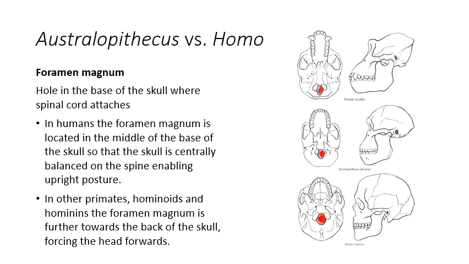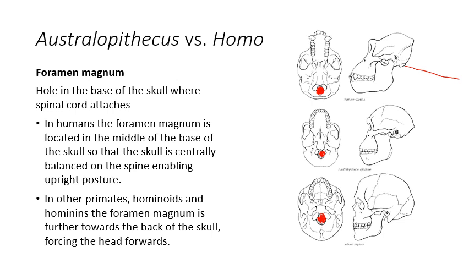Chimpanzees, or actually no, this one's a gorilla in this case, you can see that its foramen magnum is quite close to the back of the skull, and that's because its spinal column would attach like this, okay? And that's because they walk around on all four limbs. They need to have their head tilted in that way so that they can still look forward without straining their neck.